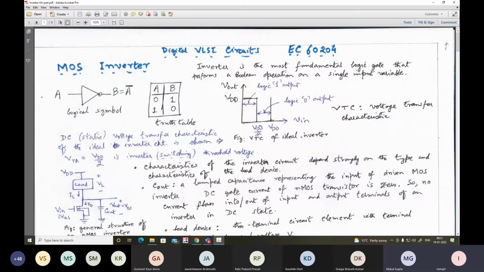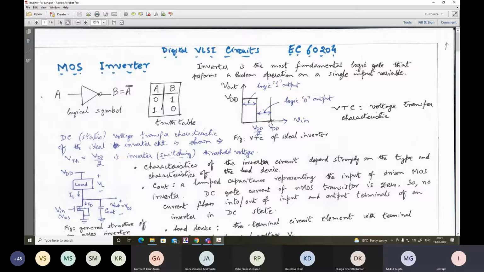This is the brick wall response for the ideal inverter, and VDD/2 is referred to as the inverter switching threshold voltage. If the input voltage lies below VDD/2, the output voltage for all practical purposes will be VDD, and if the input voltage is above VDD/2, the output voltage will be straightforwardly 0.